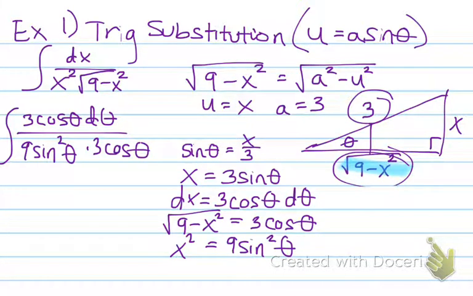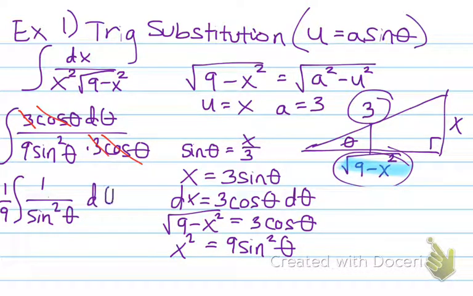So I'm looking for some things that cancel. I have a 3 here and a 3 here. I have a cosine here and a cosine here. So what I'm left with is the integral of, I'm going to pull out that 1/9 because that's a constant, 1 over sine squared theta d theta. And I can simplify that to 1/9 times the integral of cosecant squared theta d theta.